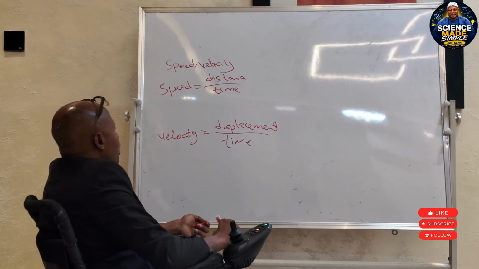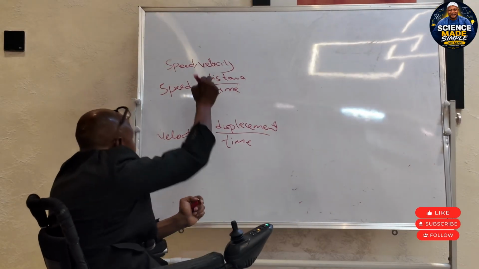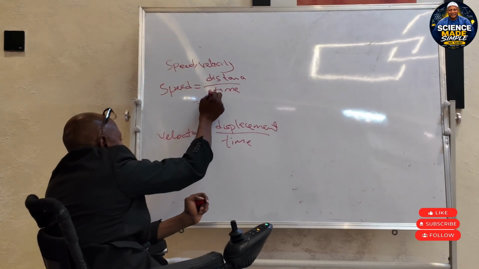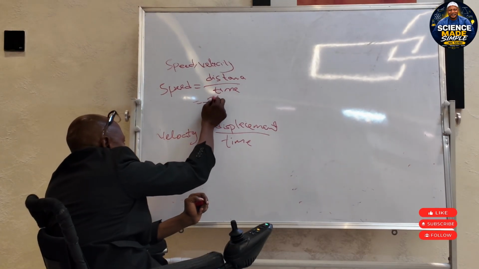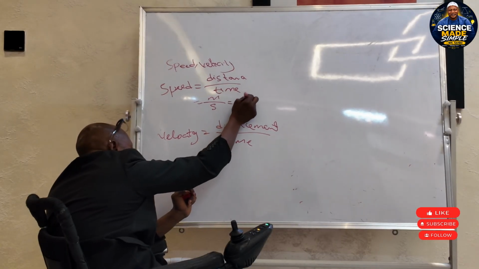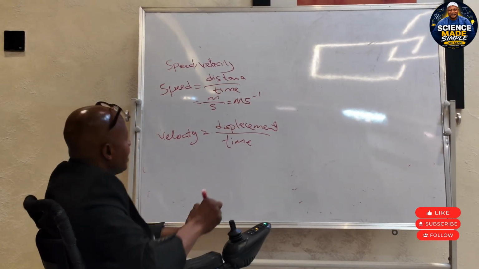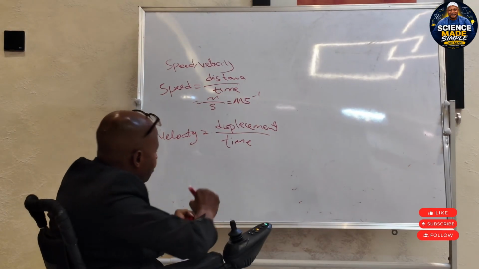Now, to calculate the speed, the unit for the distance is meter, and for time we have second. So bring everything together, it will be meter per second. That is, the speed is meter per second.